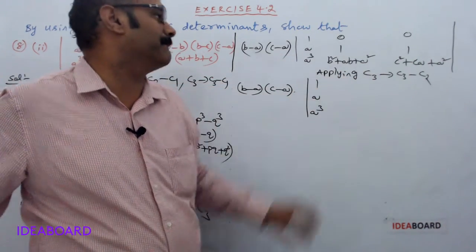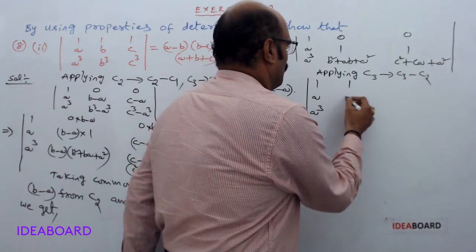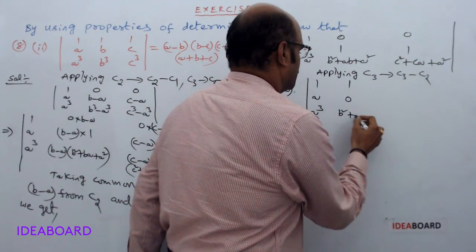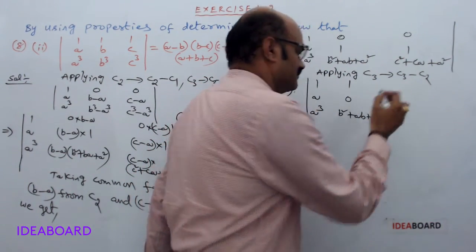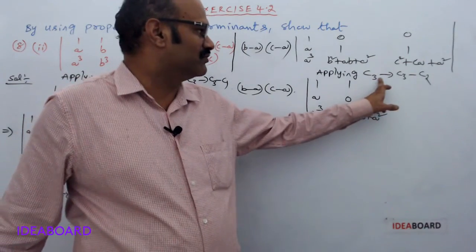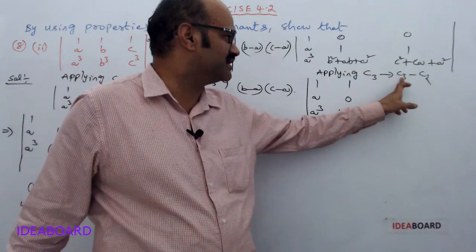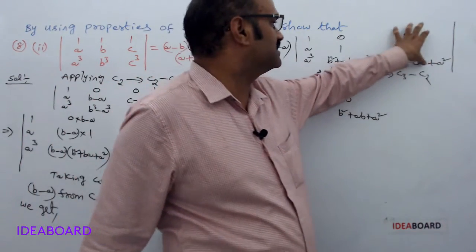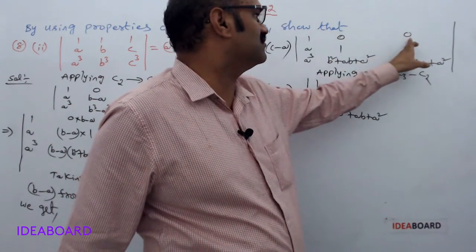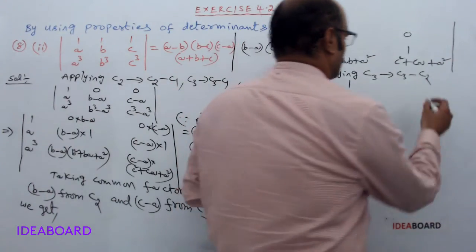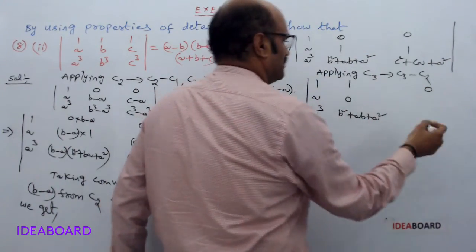C2 is also same. 0, 1, B square plus AB plus A square. Now we have to change C3. C3 changes to C3 minus C2. It is C3, it is C2. So 0 minus 0, 0. 1 minus 1, 0.